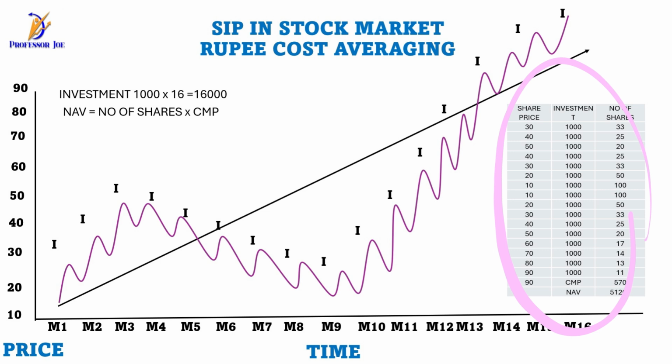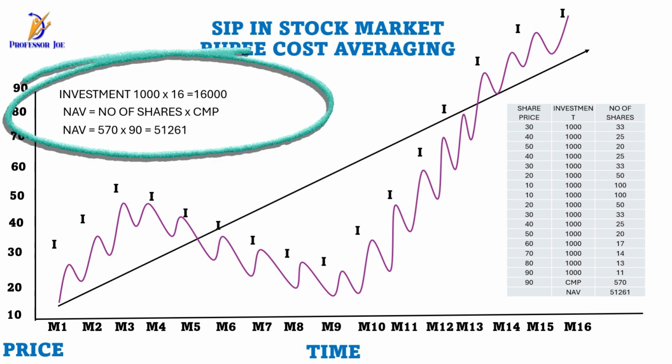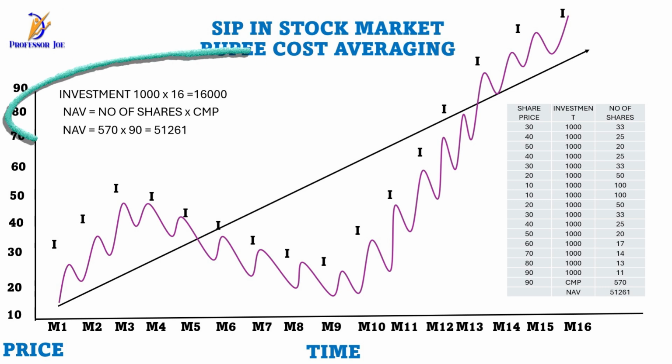In this calculation, you can see that the total number of shares is 570. At the end of the 16th month, the current market price is 90 rupees. So you have invested 16,000 rupees in 16 months, and your NAV has become 51,261 rupees, which is a great return in 16 months.